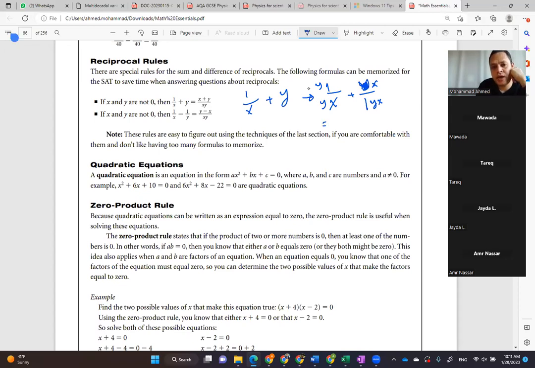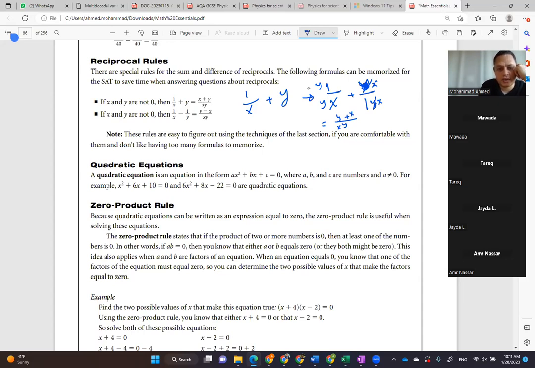So when you add the two values over here, you're going to cancel out y with y, and x with x, but when you add, it is going to be yx or xy. Here is y plus x. So this is the rule. If you have 1 over x plus 1 over y, it equals x plus y divided by xy.